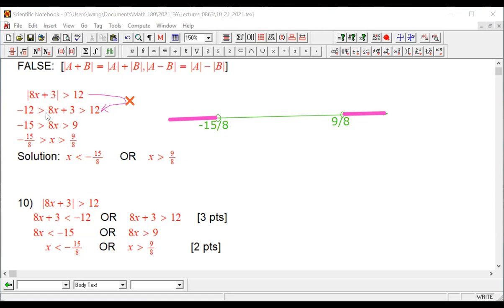You're telling me that omega is going to be greater than 12 and less than negative 12. We know such a number does not exist. So because this step is wrong, you automatically lose 3 points already.